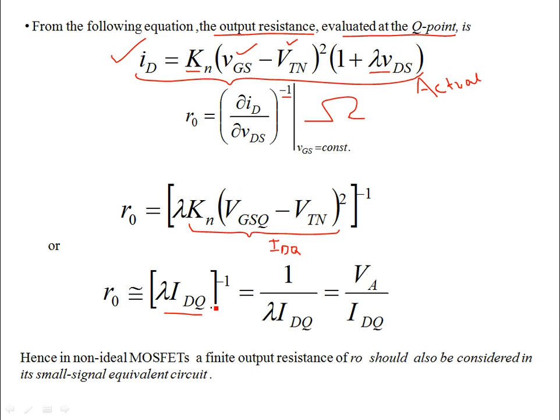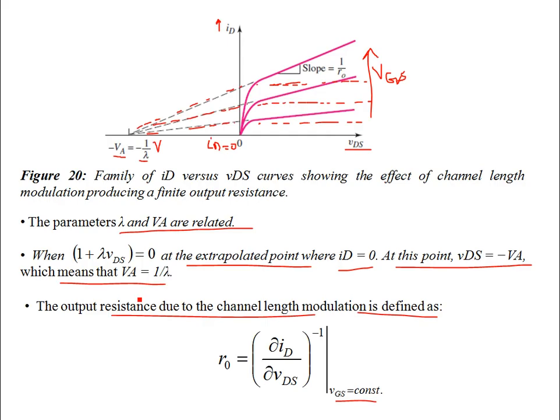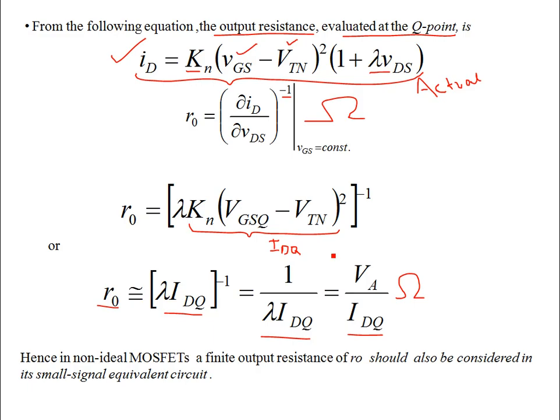You take the inverse, you can express this as 1 over lambda IDQ as a reciprocal. And 1 over lambda is nothing but VA. So this quantity comes out in ohms, and you have to consider this parameter R naught. If you recall, 1 over lambda was VA, so VA has been substituted for 1 over lambda here.